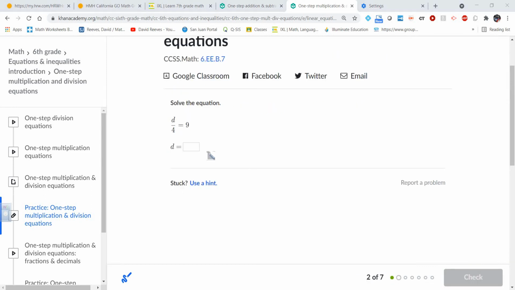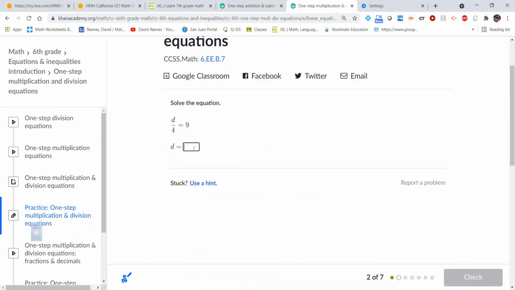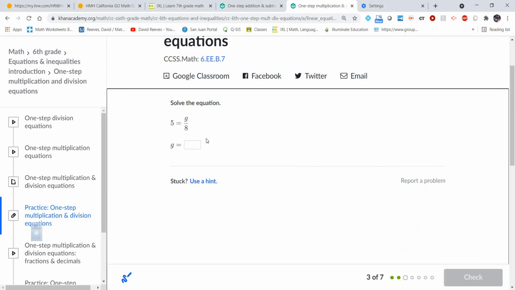Right here, I've got d divided by 4 is equal to 9. I'm going to multiply because the inverse of dividing is multiplying. I'm going to multiply both sides by 4, and I get d is equal to 36. There we go. All right, this one right here, again, I have a division problem, right? g divided by 8.